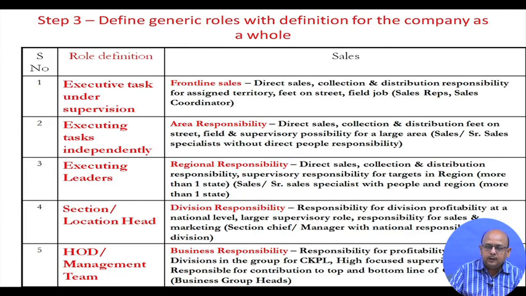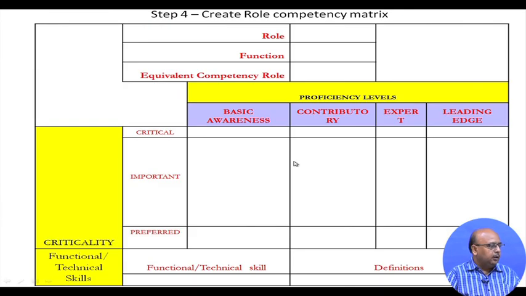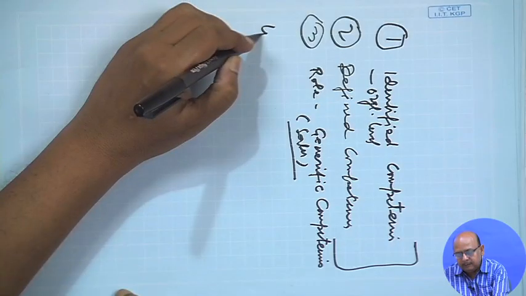Since you are responsible for that division, for meeting targets and these kinds of things, that is part of your responsibility. So, what kind of competencies are there, and how are you going to interact with, say, HODs or teams. That is another part of the responsibilities. One example given here is CKPL, a business group head, which is related to sales. Now, that is how we are going to create, at the next level, a role competency matrix.